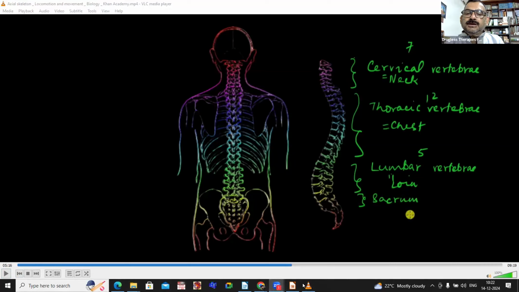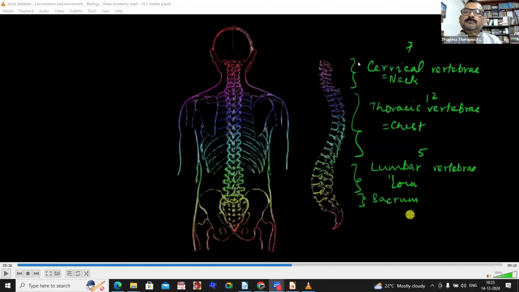So we have seen in that video, there are the cervical, thoracic, and lumbar bones. For this cervical region, we have OM4, organ medicine 4.